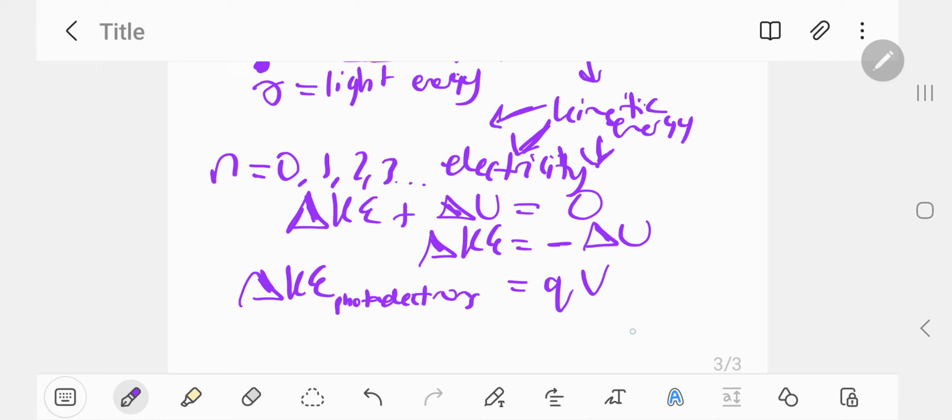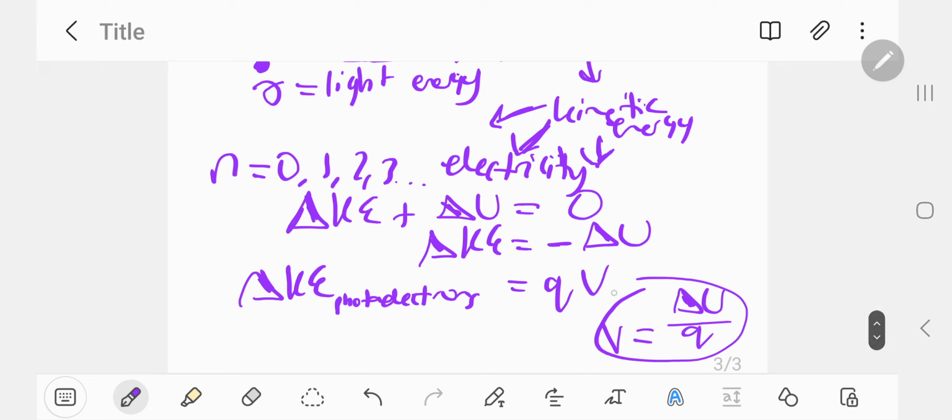If you go back to module 6, by definition, voltage V, there should be a delta here, but I've left it out, is the change in electric potential per unit charge. Rearranging this for delta U, you get QV. And delta KE, half mV_F squared minus half mV_I squared, equals minus QV.